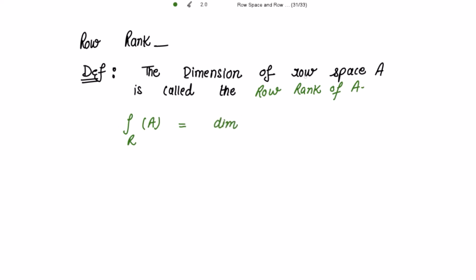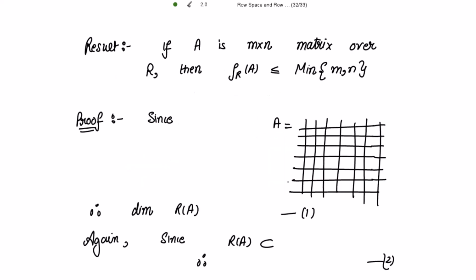Because it is the dimension of the row space of A, this is equal to the dimension of the row space of A, right? This is your row space and this is your row rank. Let's move on to a very important result. If A is an m by n matrix over R, then the row rank of A is less than or equal to the minimum of m and n.